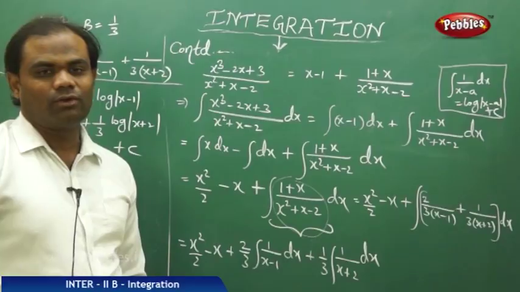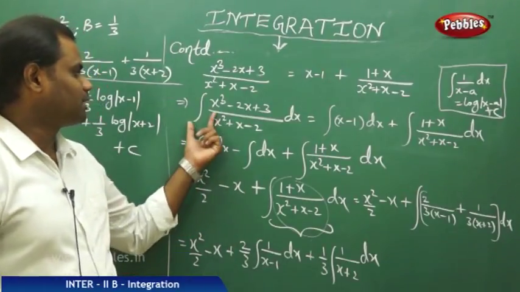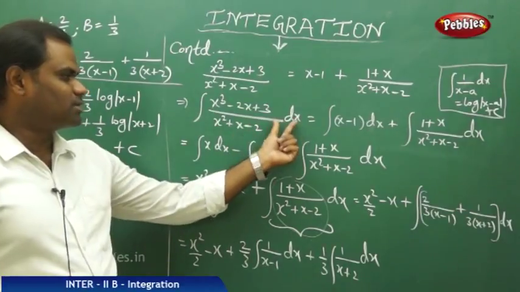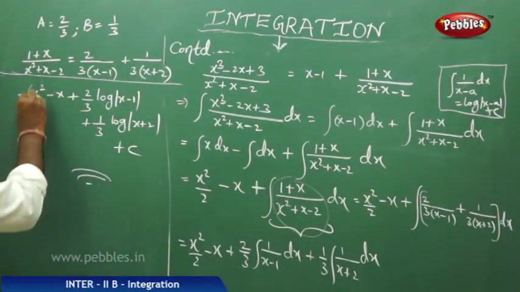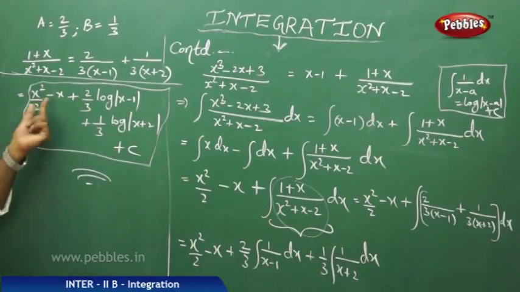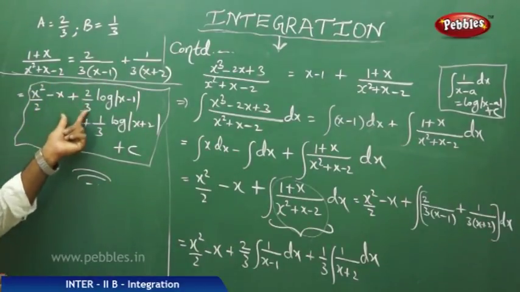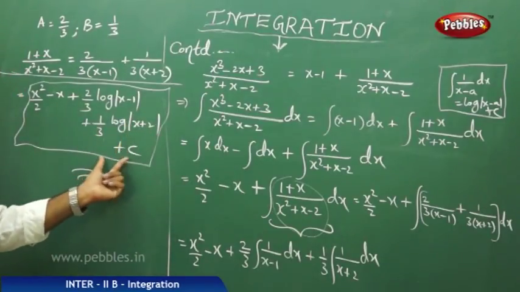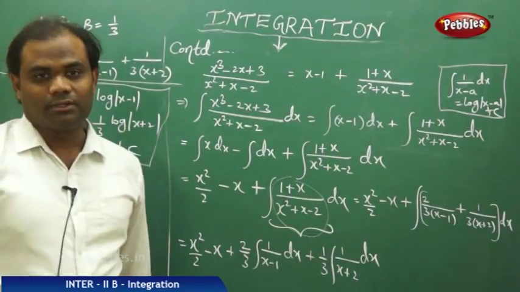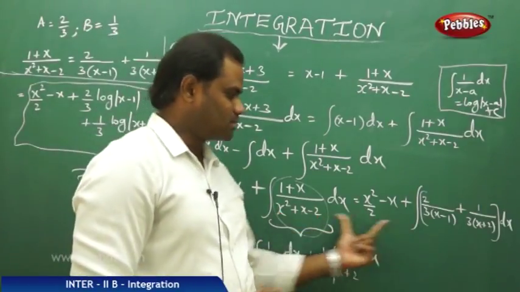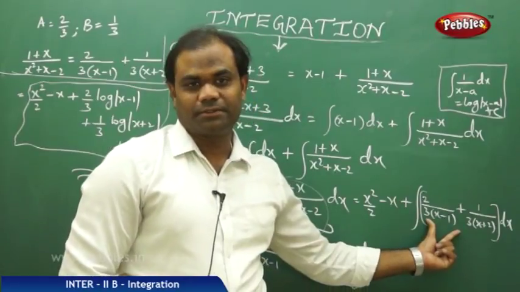Therefore the overall integral of (x cubed minus 2x plus 3) by (x squared plus x minus 2) dx is x squared by 2 minus x plus 2 by 3 log mod (x minus 1) plus 1/3 log mod (x plus 2) plus c, and this integral is obtained strictly by using the partial fraction, split into two partial fractions.